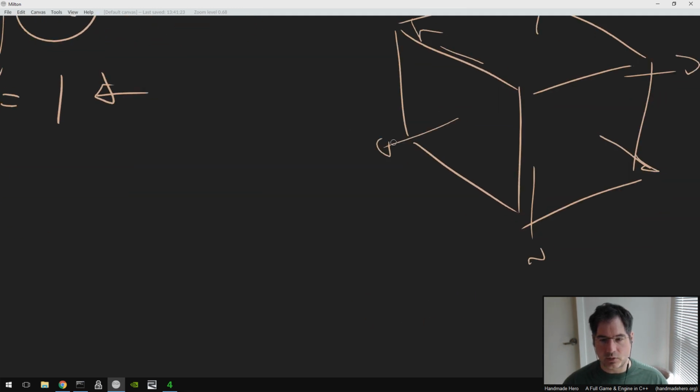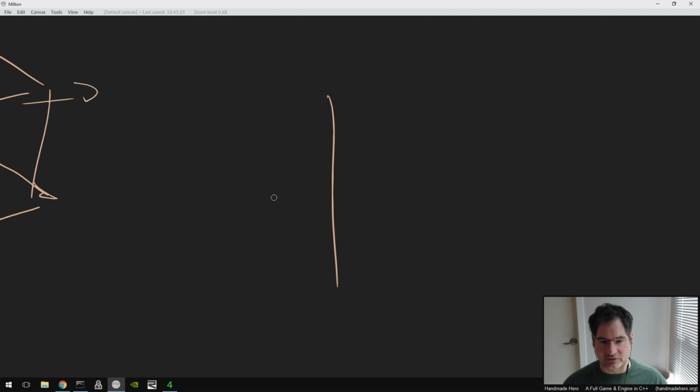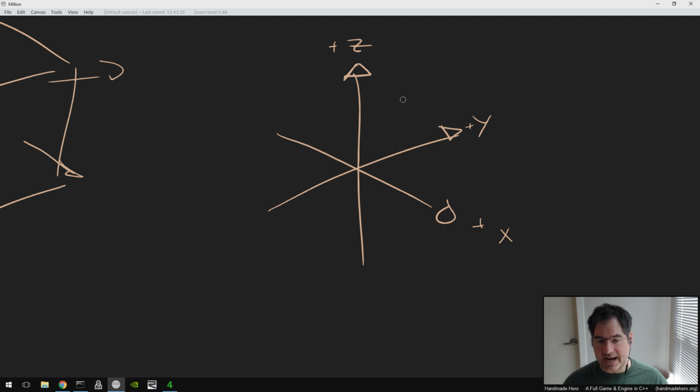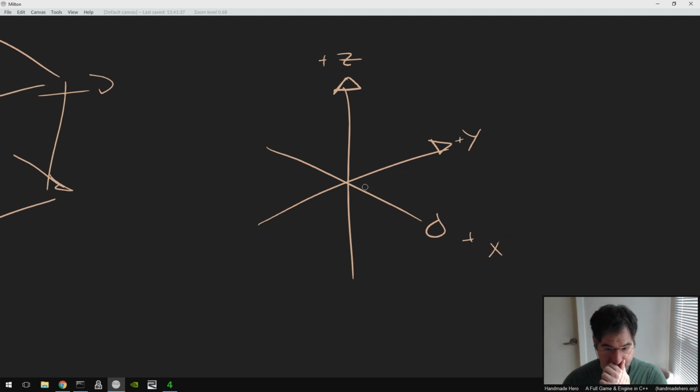Then what we can effectively imagine is almost like a star pattern. Here's my Z, my Y, positive X, and I've got a sample at each of those locations. So I've got a sample at negative and positive of each one of those. And so what I want to do here is produce whatever the colors are that I should blend between.